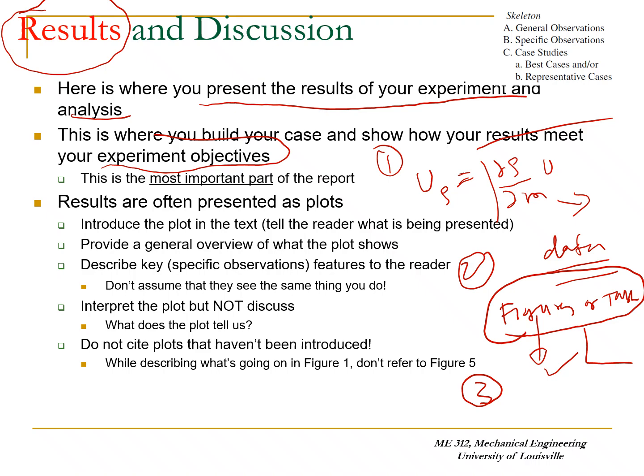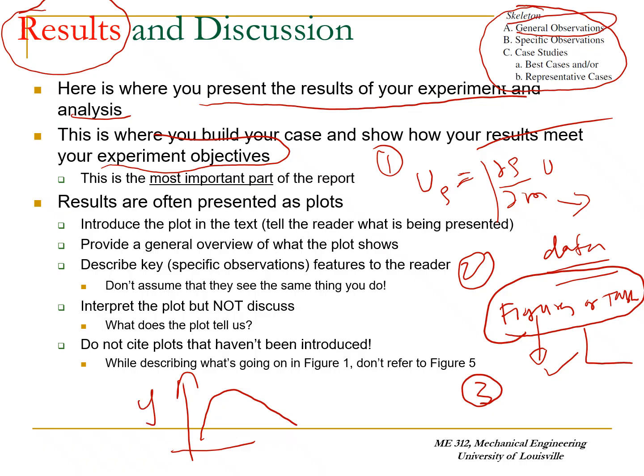Once you have that, this is the skeleton of the result. When you have, let's say, this kind of plot, then you can talk about the general observation. Remember, if this is y variable, this is x variable, this doesn't speak for itself. You need to tell what information it has.